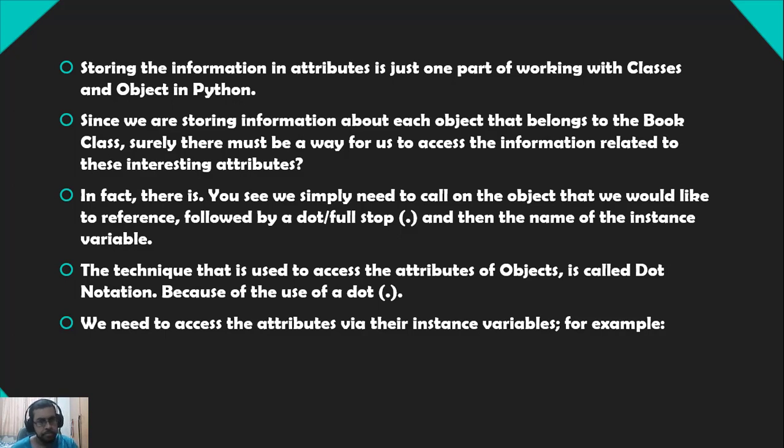You see, we simply need to call on the object that we would like to reference, followed by a dot or full stop, and then the name of the instance variable. The technique that is used to access the attributes of objects is called dot notation because of the use of a dot. We need to access the attributes via their instance variables.